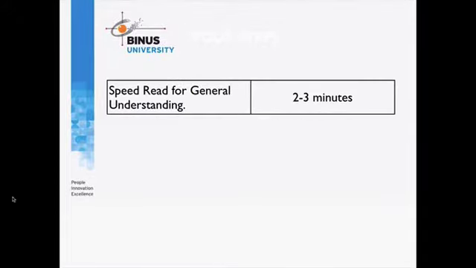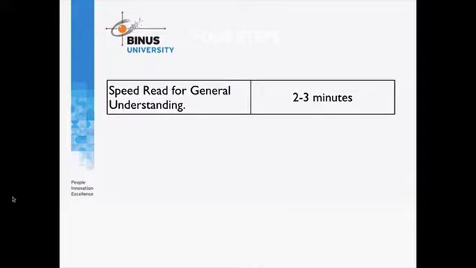So step 1 is the speed read for general understanding, and this should take about 2 or 3 minutes. Now, speed read here does mean speed read, so you just look at the text itself, you look at the headlines, you look at the diagrams, you look at any subheadings or paragraph headings or section headings, and just spend 2 or 3 minutes looking and speed reading to get a main idea of what the text is about.